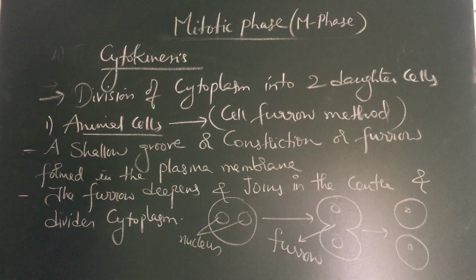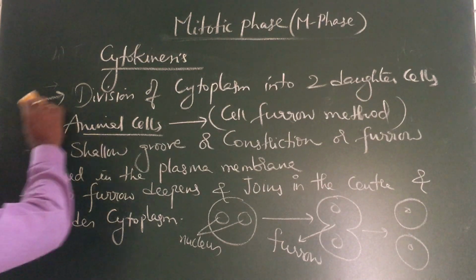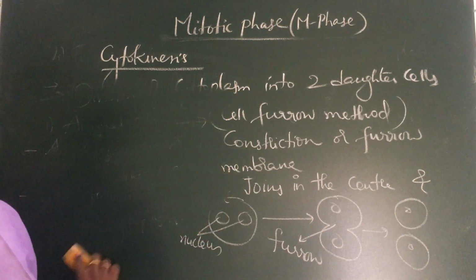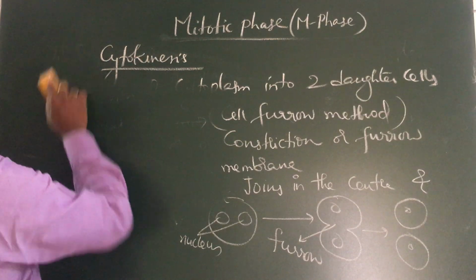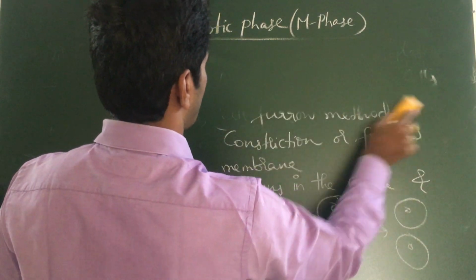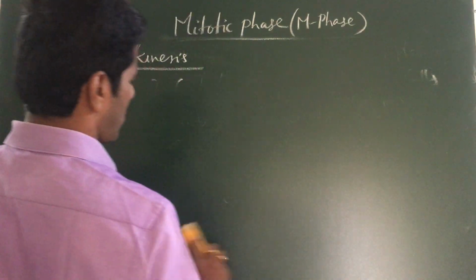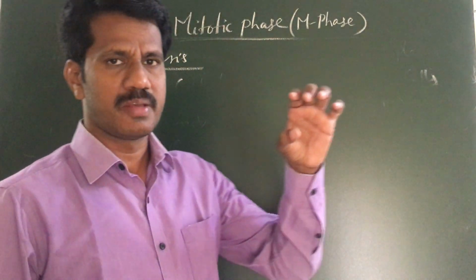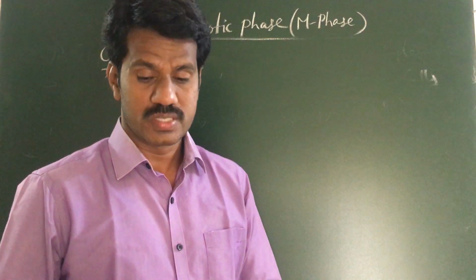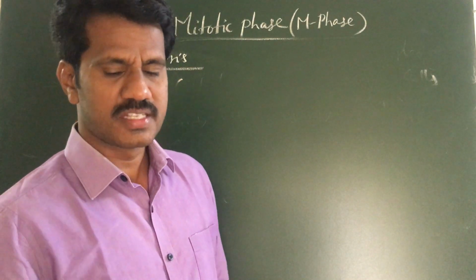Now, let us see what happens in plant cells. How do they divide? As you already know, in animal cells there is no cell wall. That is why the cell membrane will deepen easily to the center, so a furrow can be easily formed.